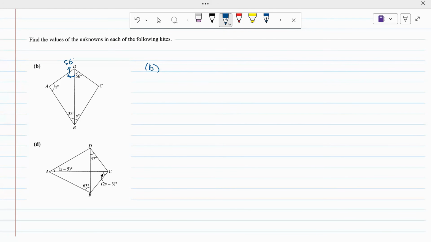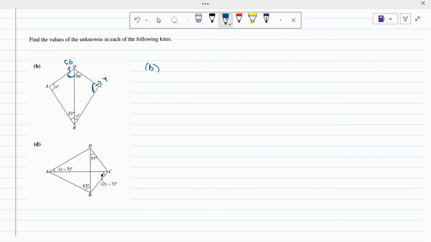Congruent won't be the right term, it's a line of symmetry here. So 56 degrees, and then this angle will also be x because it's a mirror image of angle A.